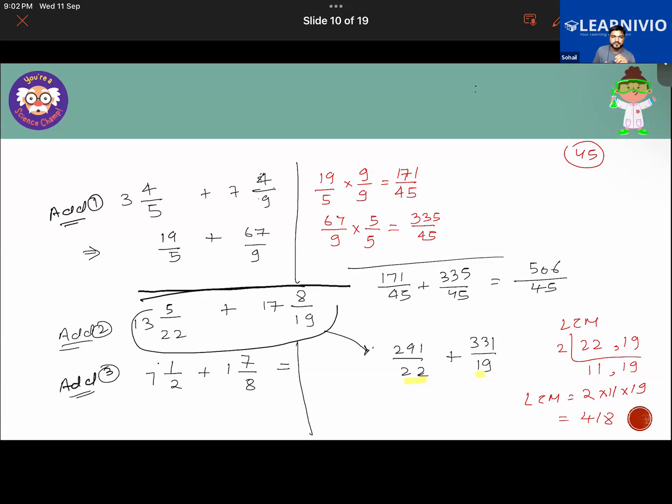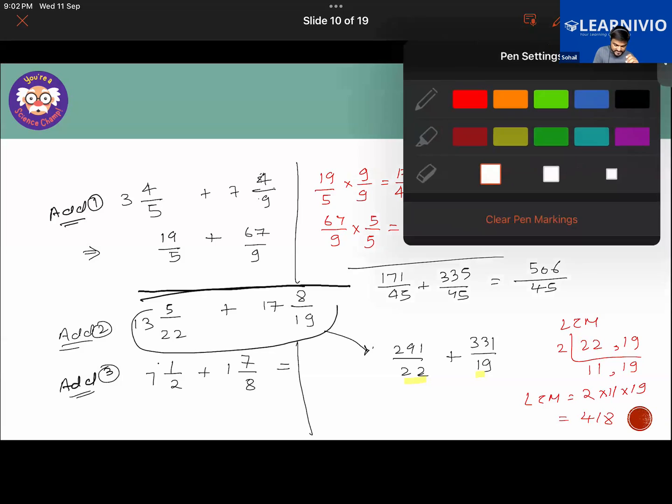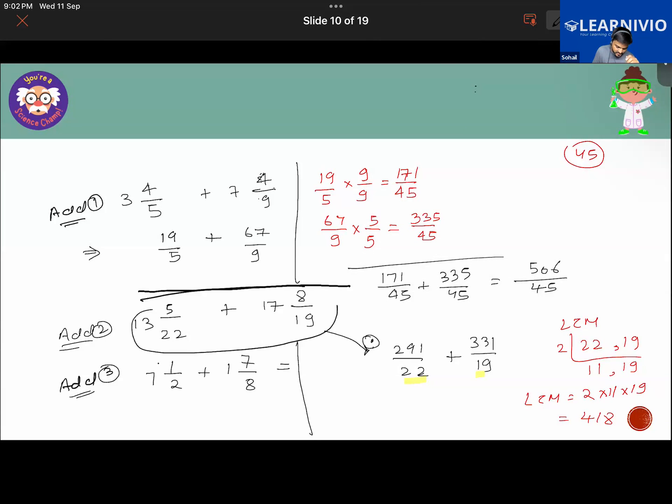Okay, now the next step says that we have done this much. Now in the next step, 291 upon 22. This is relatively a bigger question, but still we are going to do this one.